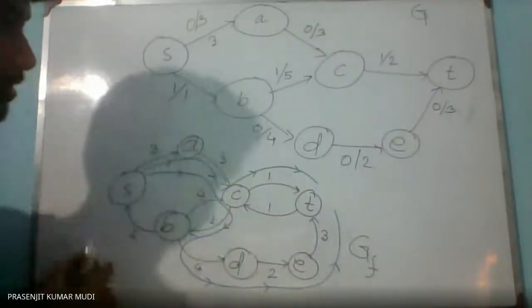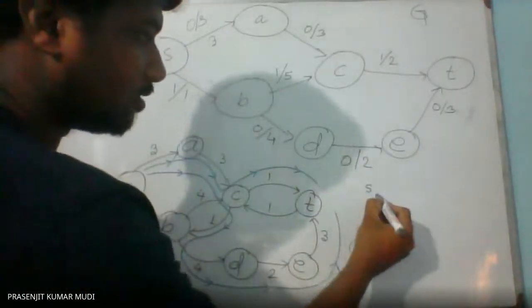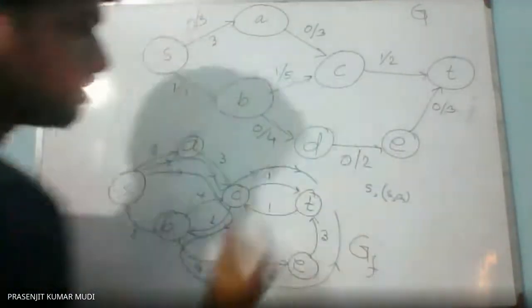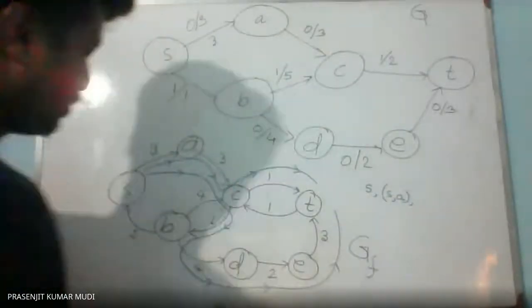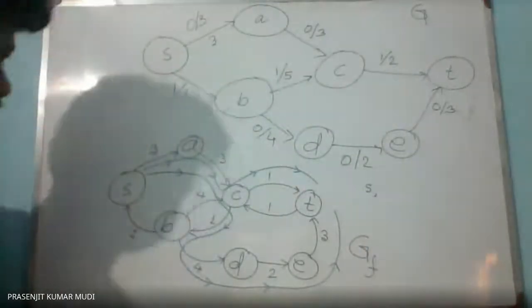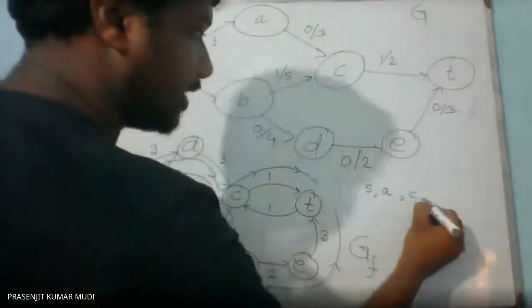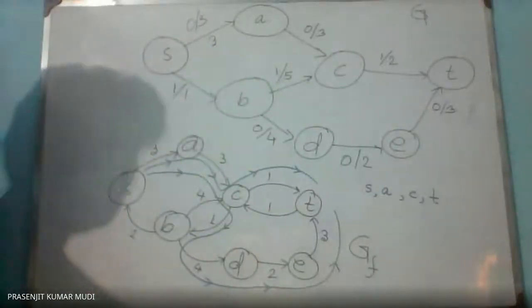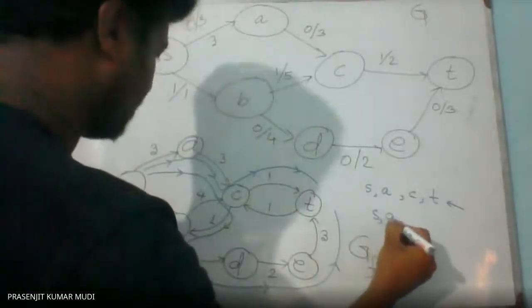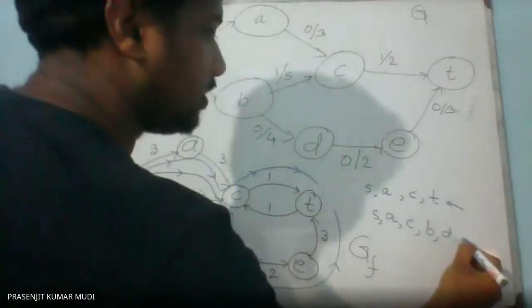If I write down the path corresponding to the first one, it will be S, then A, then C, and then T. So this denotes a path. Another path is S, A, C, B, D, E, T.